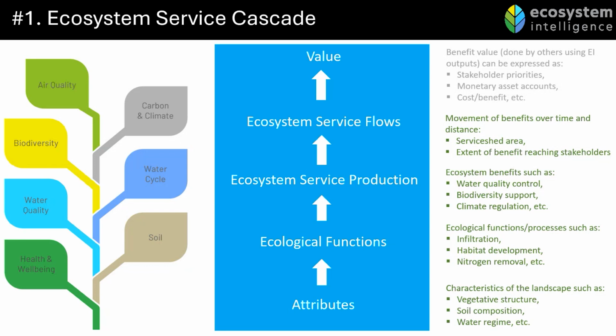What you'll see when we start looking at outputs in some of the future slides is they'll be broken into how well are you doing for air quality, for supporting biodiversity, for maintaining water quality, for supporting carbon and climate, for helping maintain the proper water cycle, for soil health, and for human health and well-being.